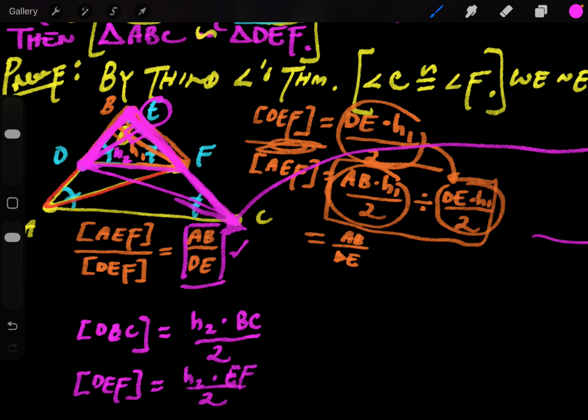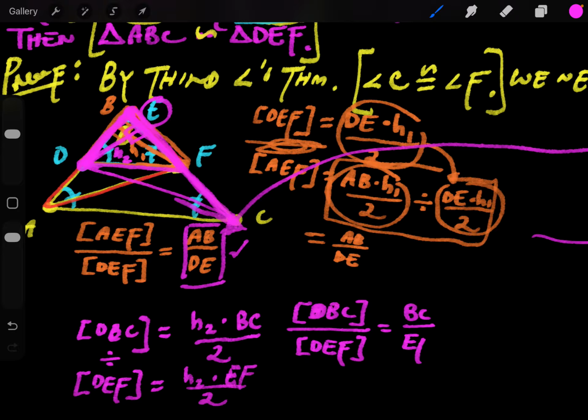Over 2. And then if I do this division again, I'm going to get that DBC over DEF equals BC over EF.